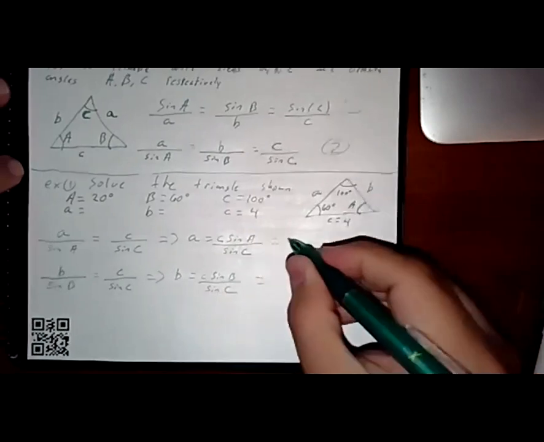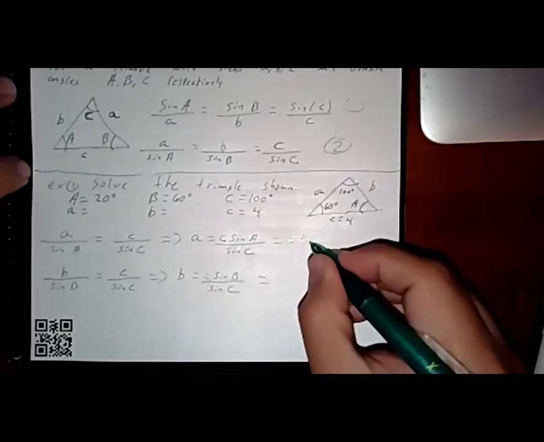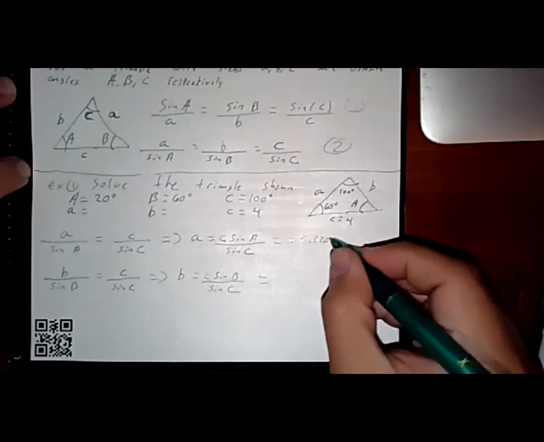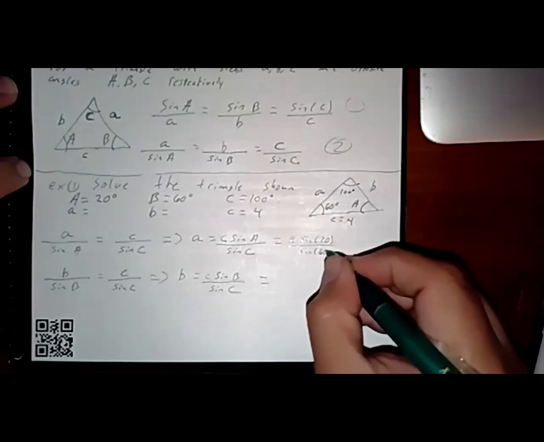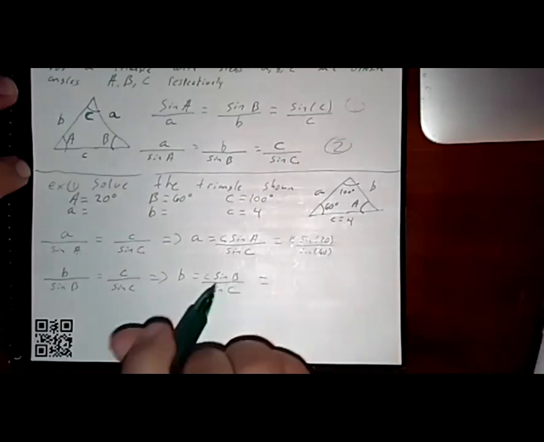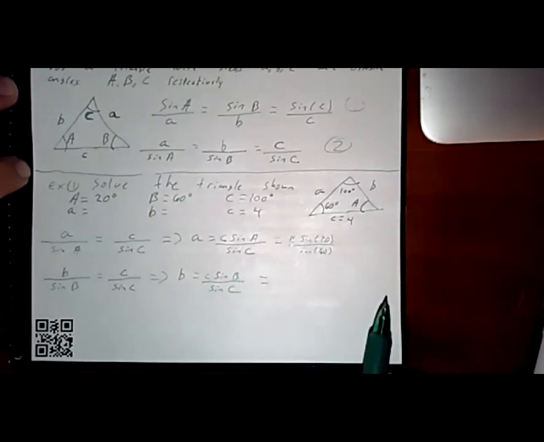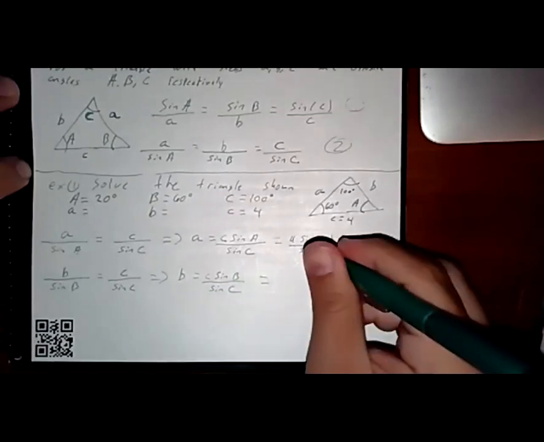So little c is 4, so that'll be 4 sine of A, which is 20, over sine of 60. Double check my angles here. C should be 100, not 60.